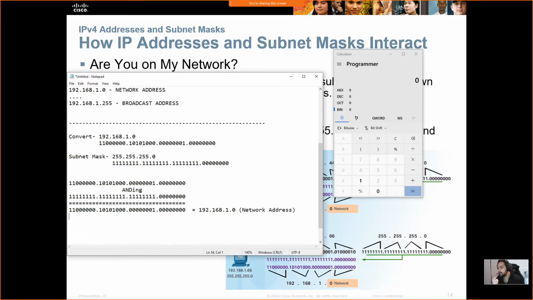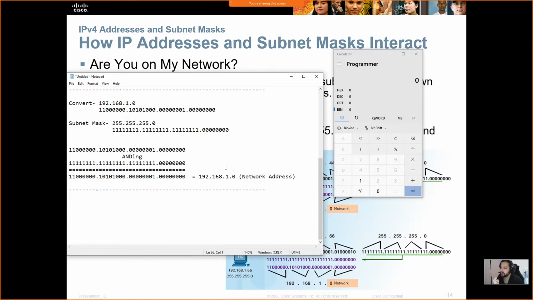Okay, I'm going to give you guys an example now that you need to help me solve. I will give you the host address. The host address is this. And I will give you the subnet mask.